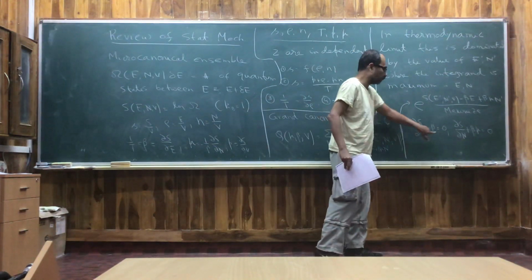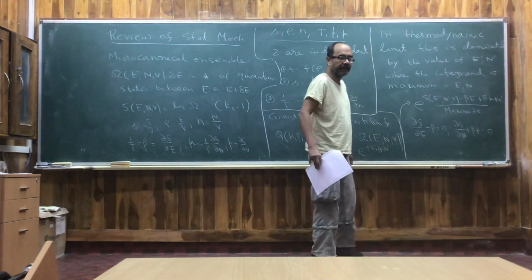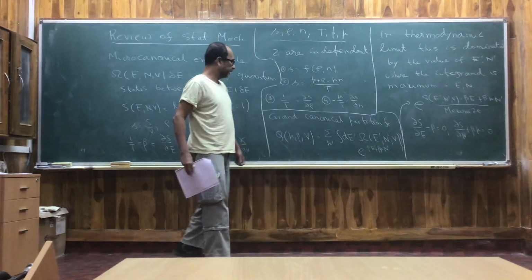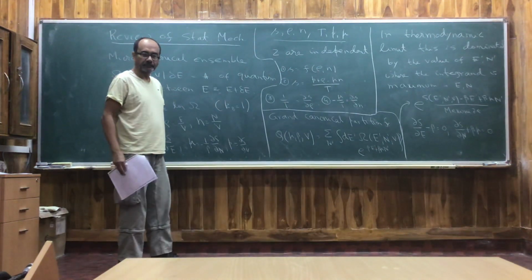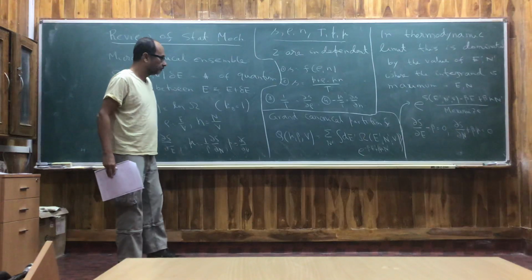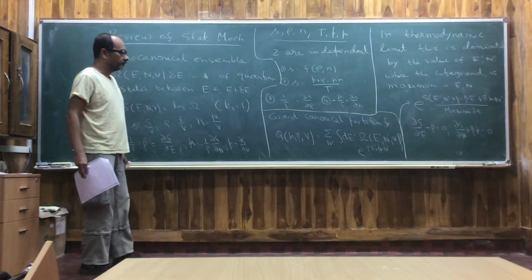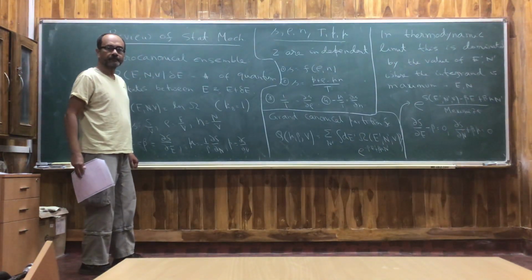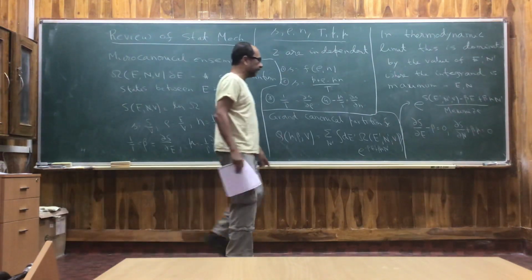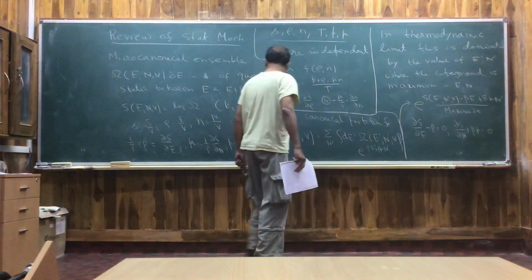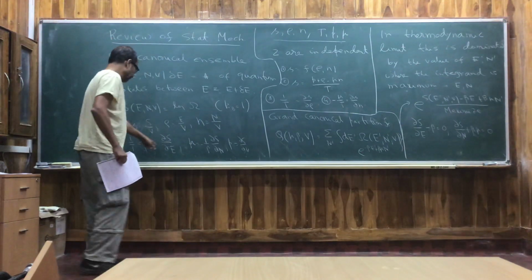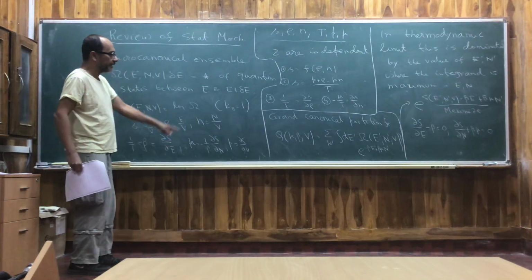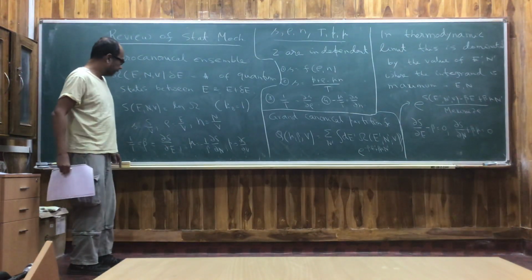So E and N are the values at which the integrand becomes maximum. Is this okay? And you recognize that these equations are the same equations that we have here. Beta is del S del E, that's the first equation. And beta mu is minus del S del N, that's the second equation.